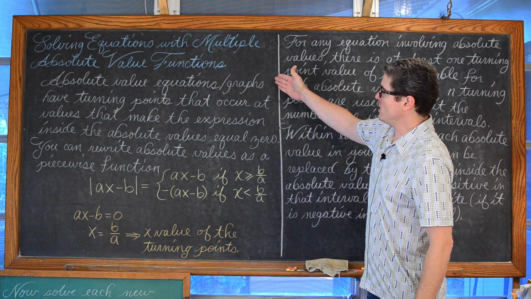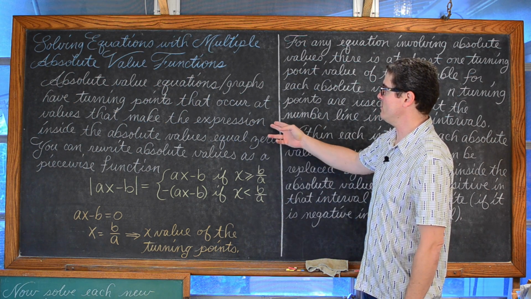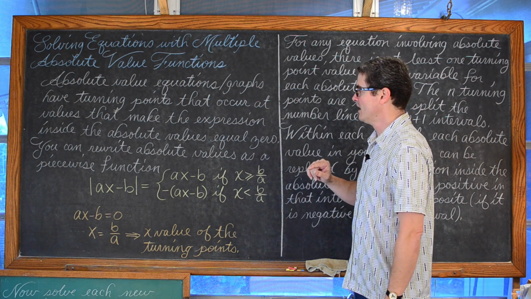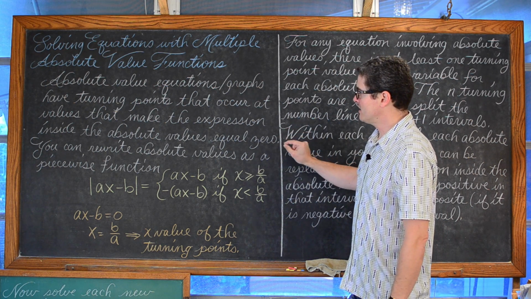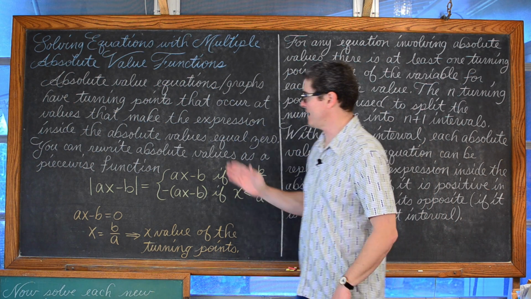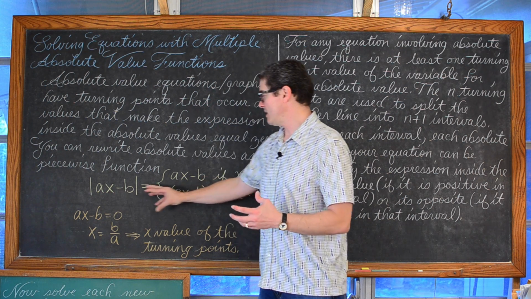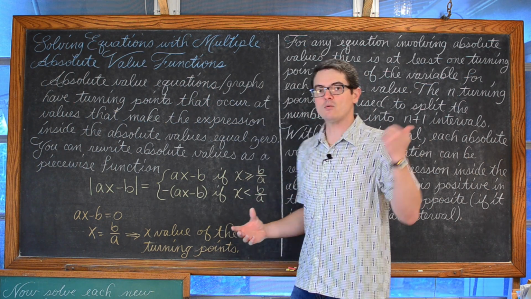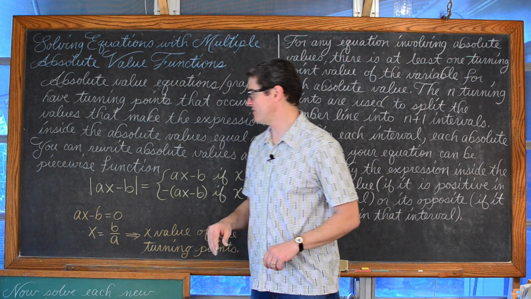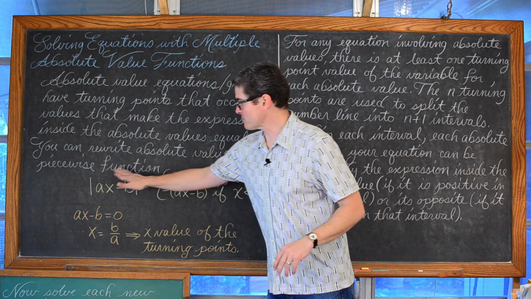So the absolute value equations, or graphs, have turning points that occur at values that make the expression inside the absolute values equal to 0. You can rewrite the absolute value expressions as a piecewise function. The absolute value of ax minus b, the general version on the right side of the board, has a linear function inside this absolute value expression, but you could have more complex expressions inside.